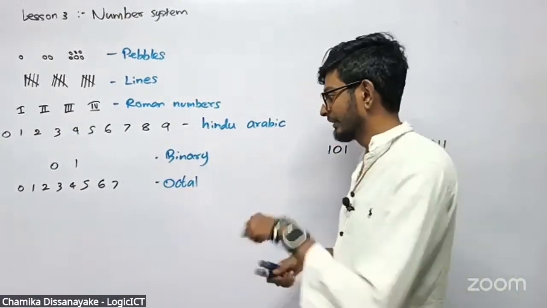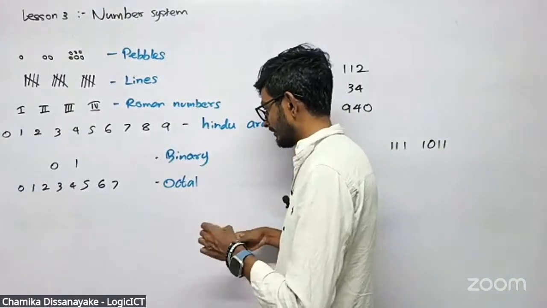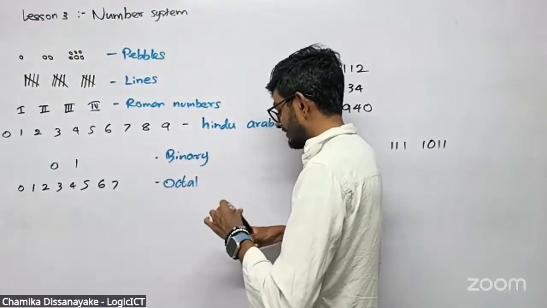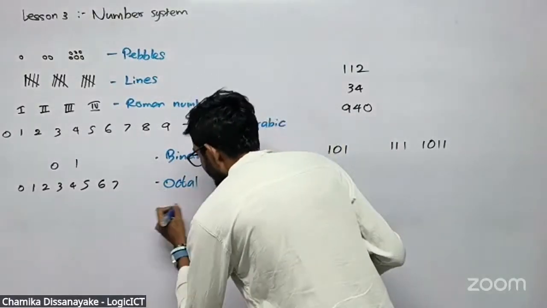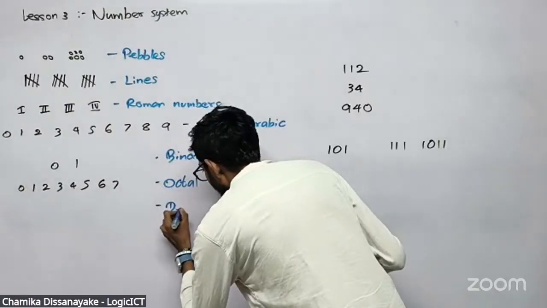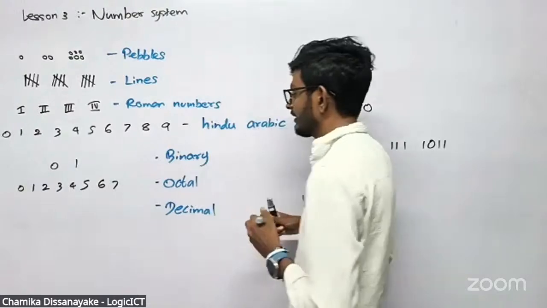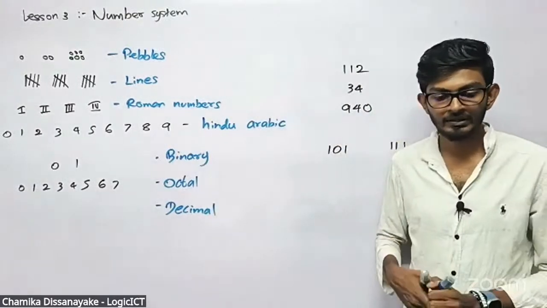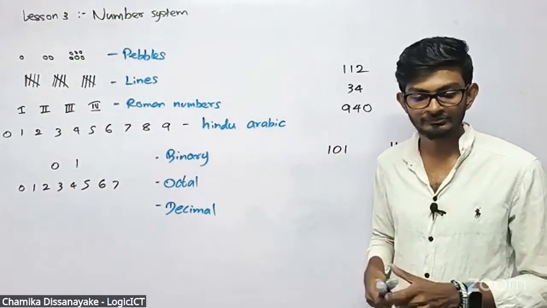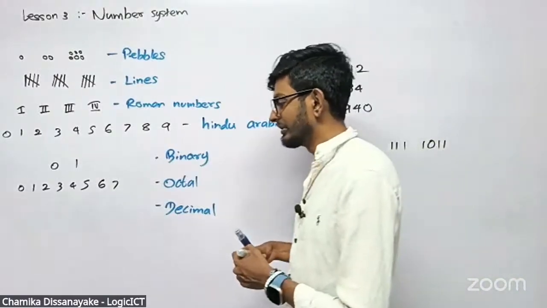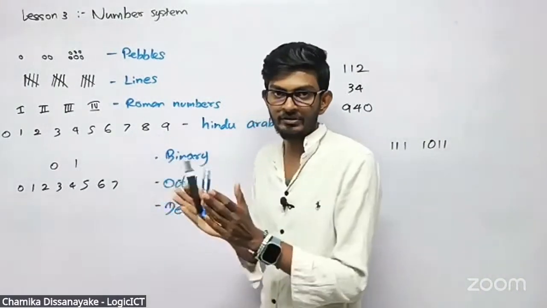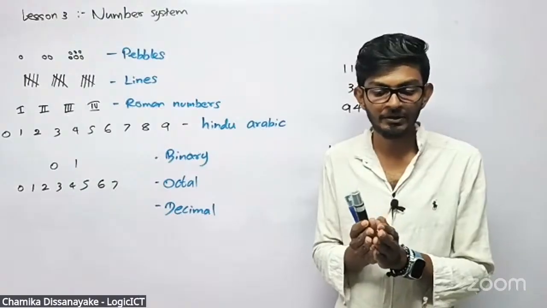And the next thing is, guys, binary, octal, and decimal. Decimal number system. Decimal means, guys, 10. Decimal means 10. 10 means we have 10 different symbols.